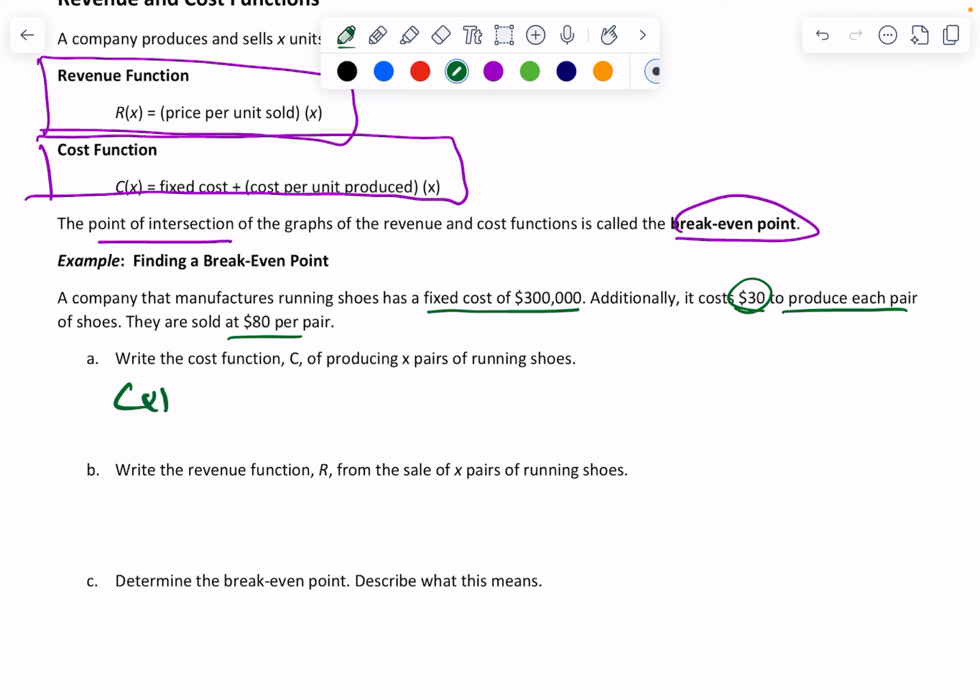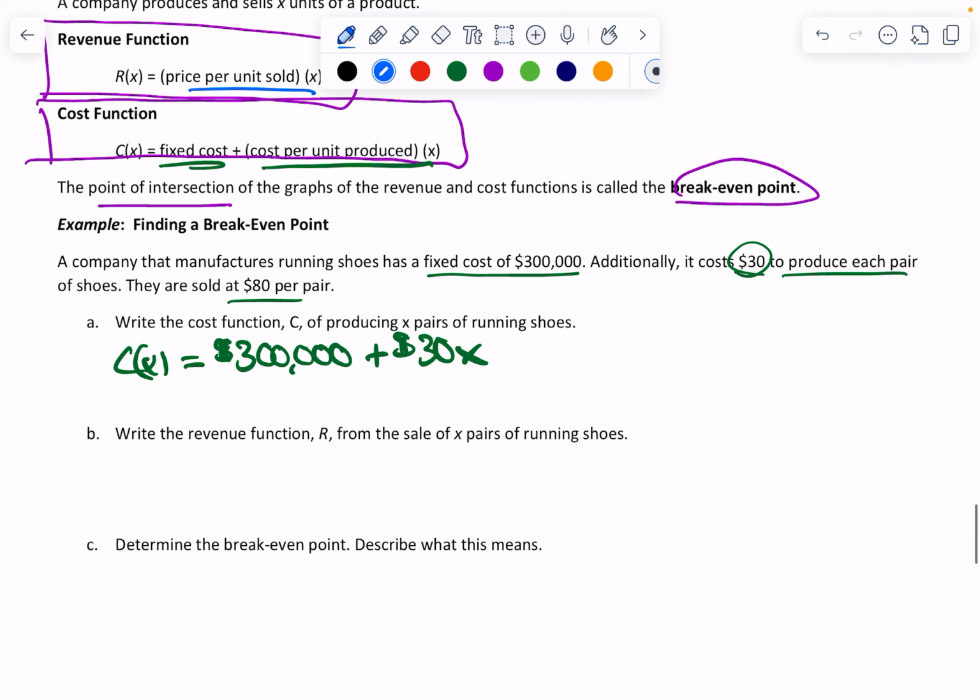C of x: a fixed cost is the $300,000 right here, plus cost per unit produced times x, so $30 times x. Now, our revenue function is price per unit sold times x. They are sold at $80 per pair, so our R of x is going to be 80 times x.